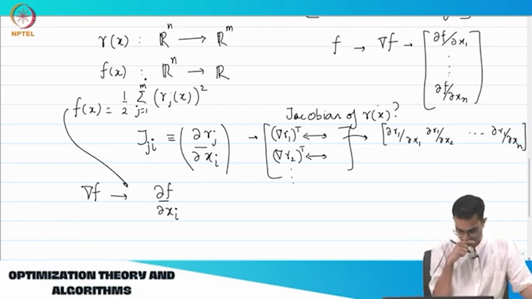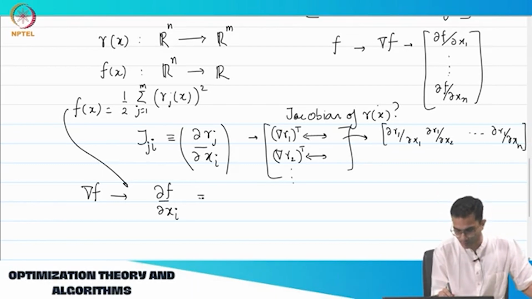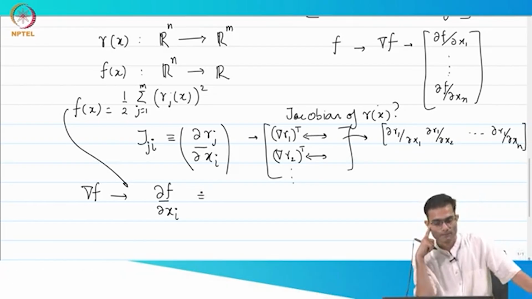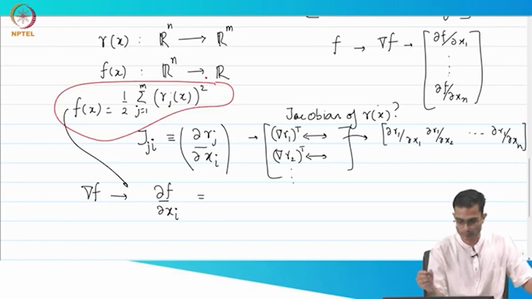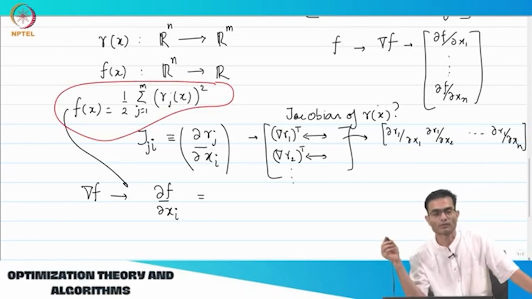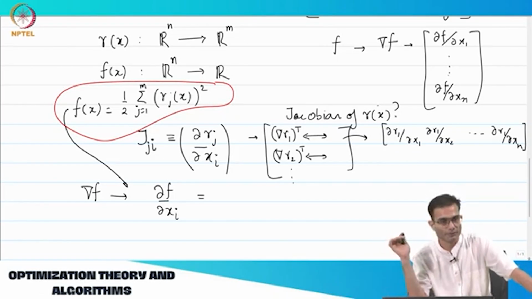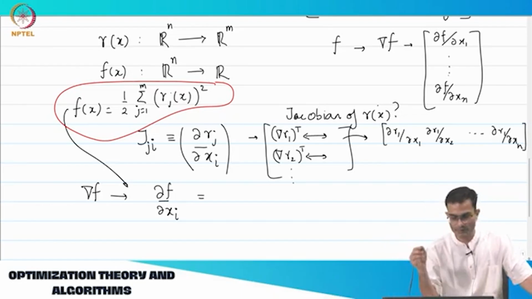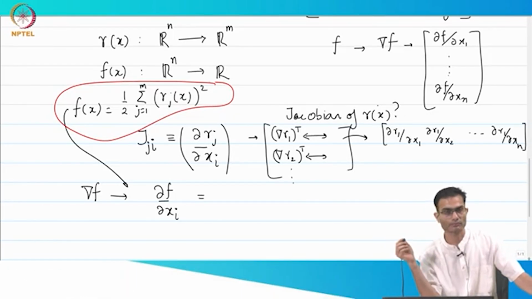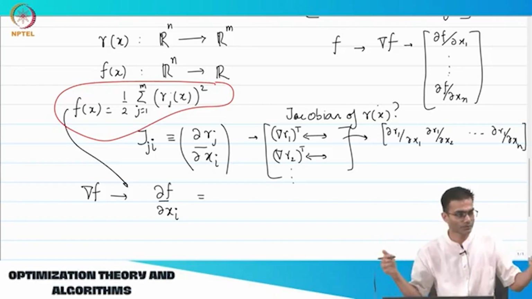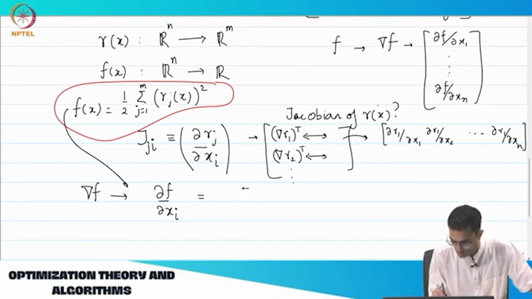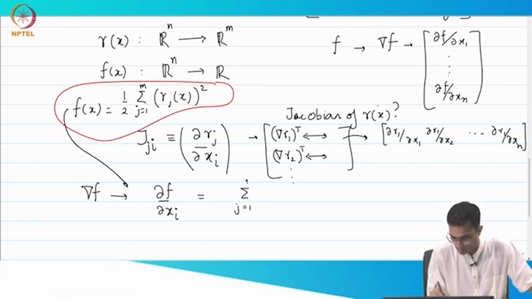So if I take this derivative, what happens? What happens to my 2? The 2 goes away, right? Will the summation still be there? It has to be there, because each r depends on all the x's, so the summation remains.